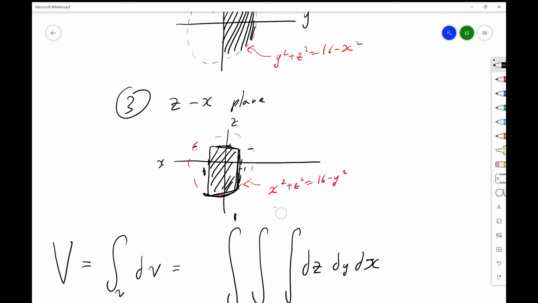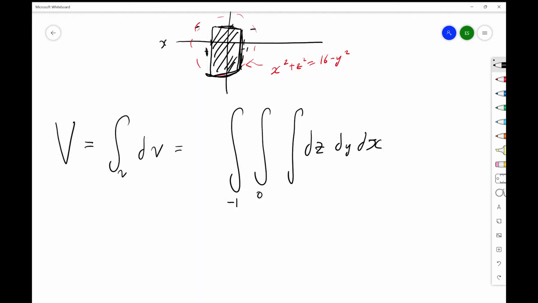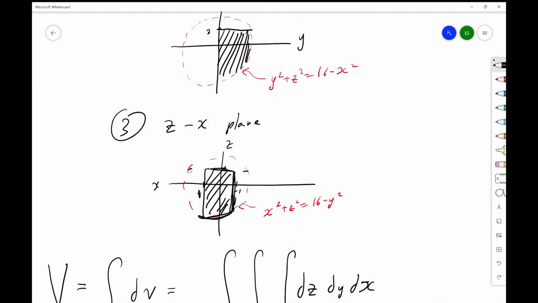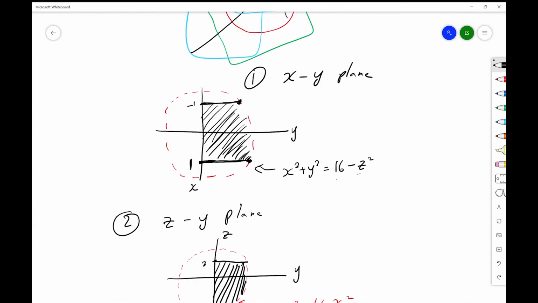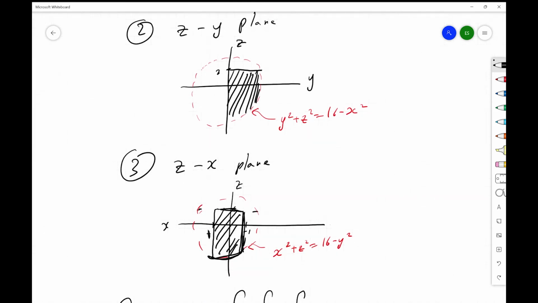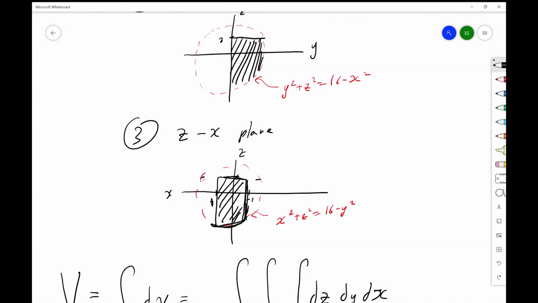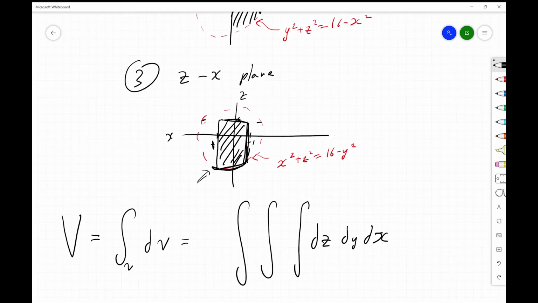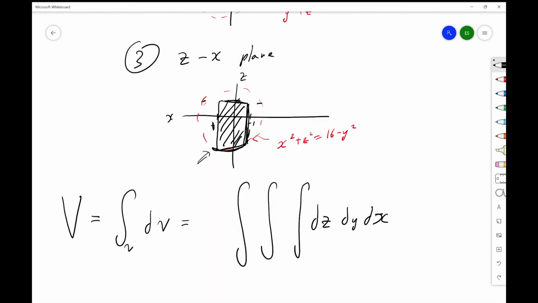Let's start with z, actually, just to make it simpler. Let's start with this third slice, right? I can write z as plus or minus square root 16 minus x squared minus y squared, right?